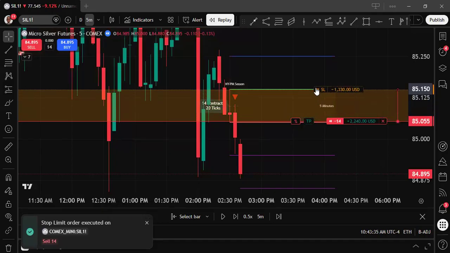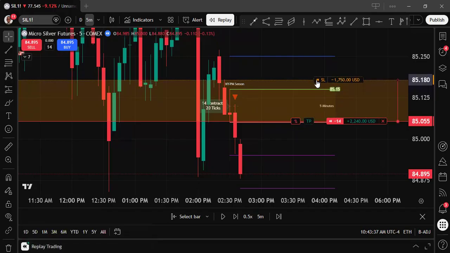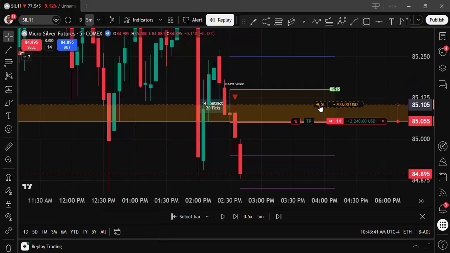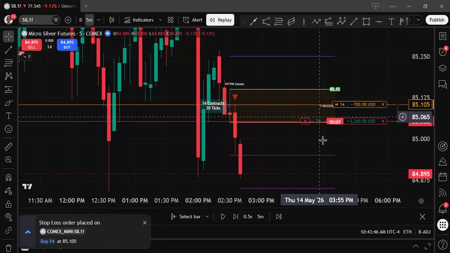Like I said, stop loss is going to be what, 1,500? But I like to set mine halfway, which is about right here, 700.